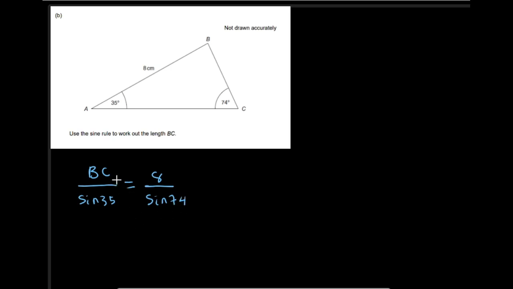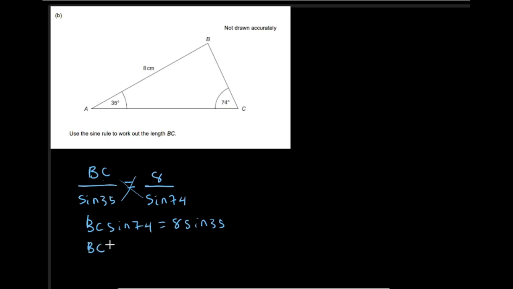To get BC, we cross multiply: BC times sine 74 equals 8 sine 35. To get BC, we divide both sides by sine 74.